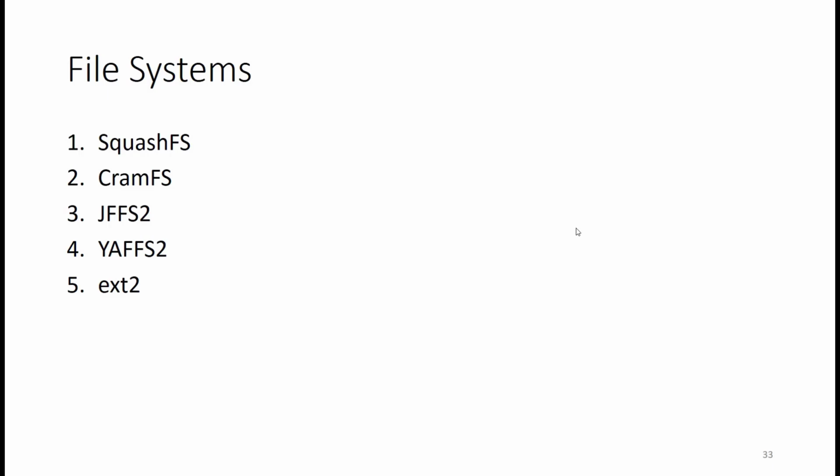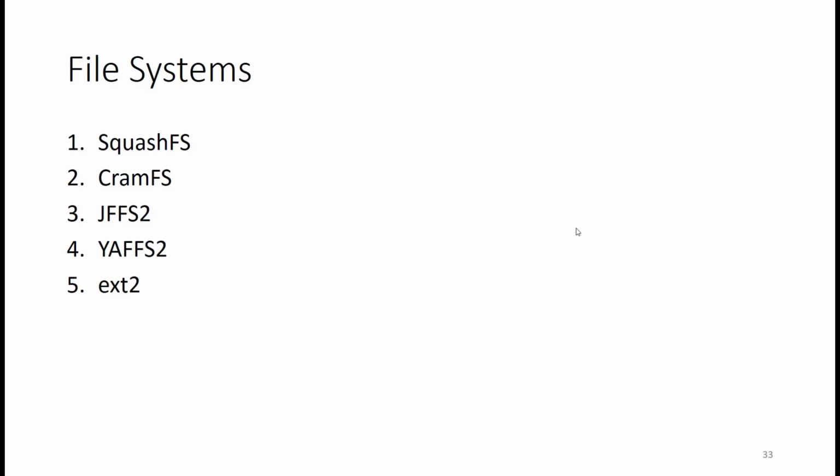Apart from binwalk, you can also use FMK, that is Firmware Mod Kit, which is again a very useful tool for reverse engineering of binaries and supports most of the common file systems for firmware.